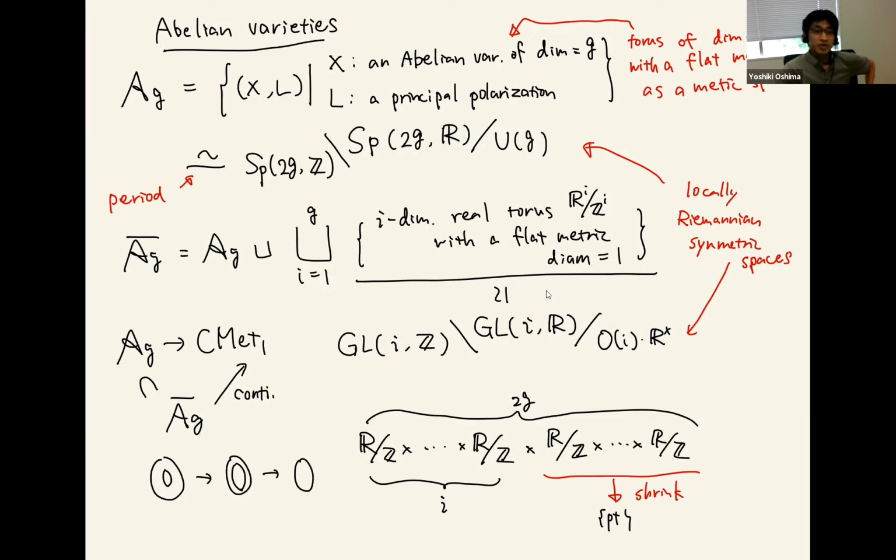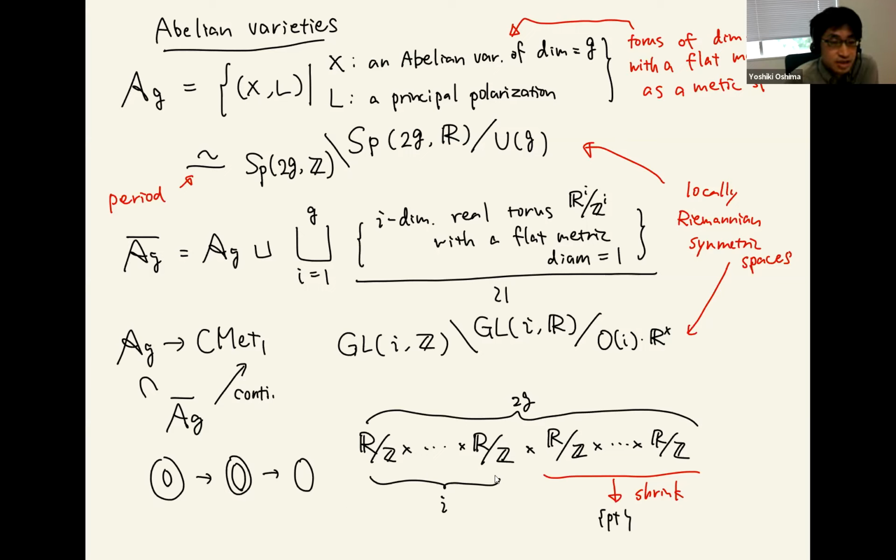And these are parameterized by this double coset. So this degeneration is very simple. This is all a flat metric, so this is essentially a linear algebra calculation, and we obtain such a compactification and a map to CMET1, which is continuous.